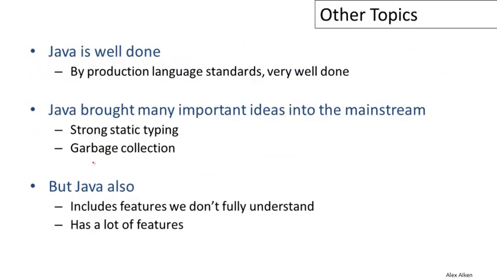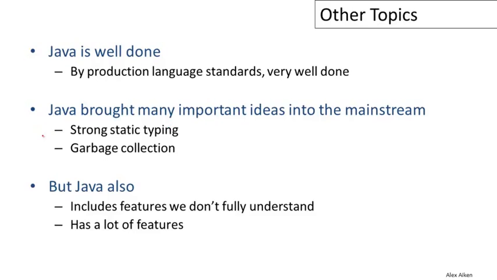So to summarize and conclude our discussion of Java, I think Java is a well-done language. By production standards, it's extremely well done. So it's one of the best designed and best specified languages that's in use today. It brought several important ideas into the mainstream. So when it was new, it brought ideas that had been around for a long time, but had not found their way into a production language that was very, very widely used.